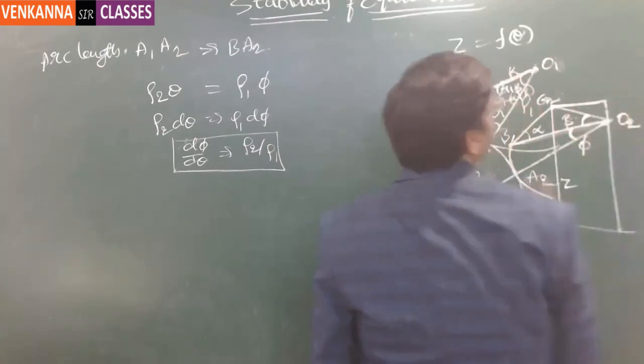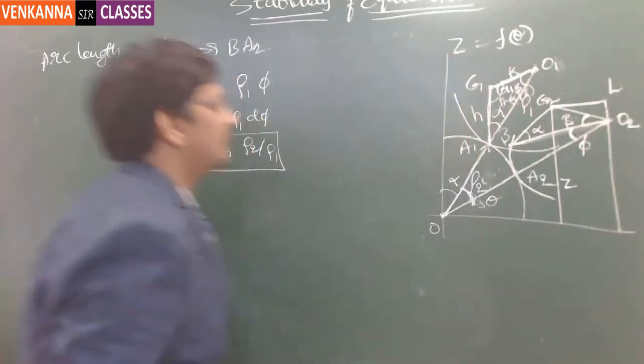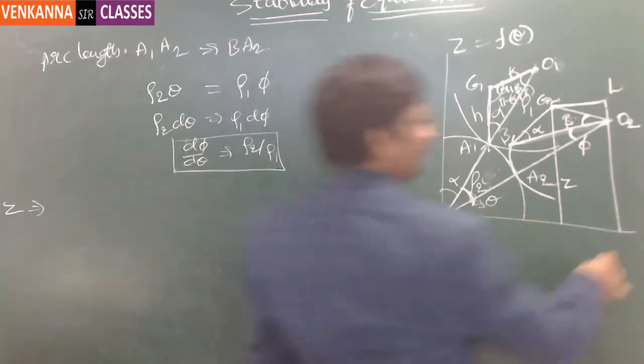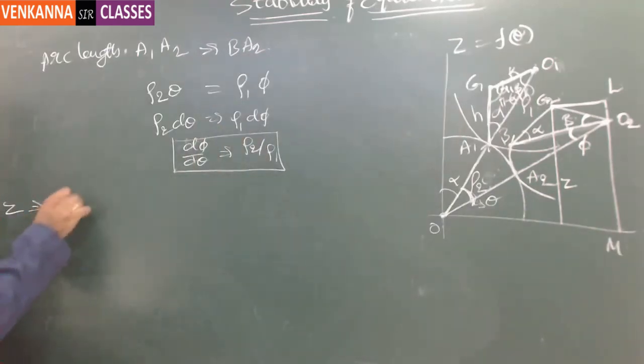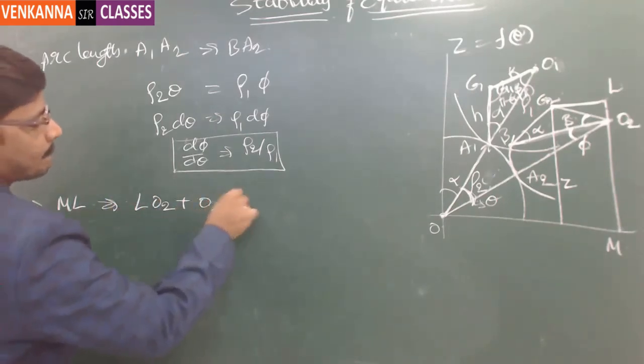So this is the height. This is G2. I call this as L, and I call this as M. So Z is equal to ML. So ML is equal to LO2 plus O2M.